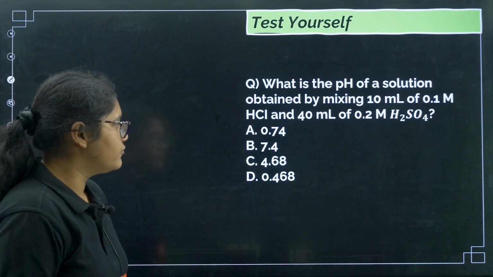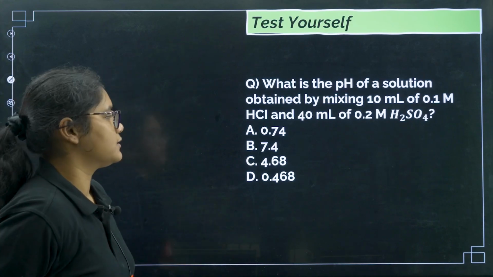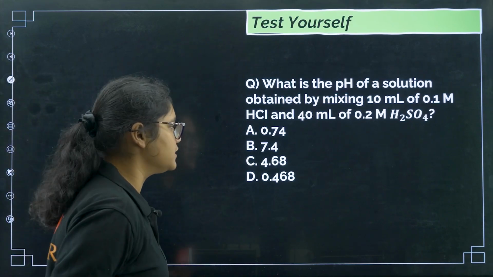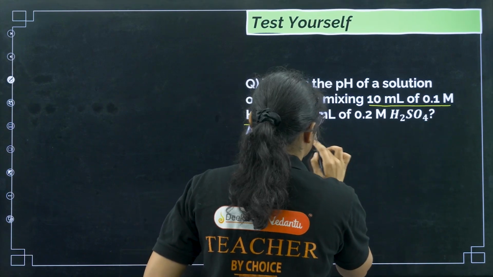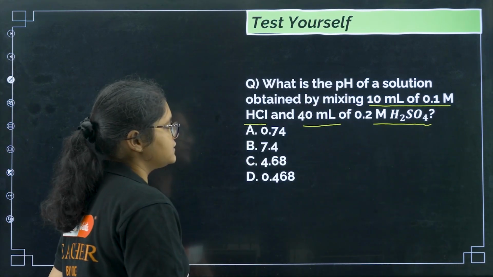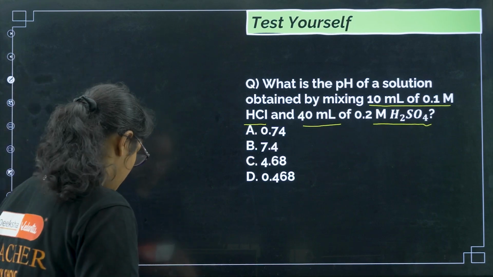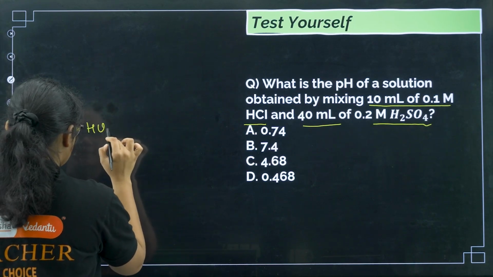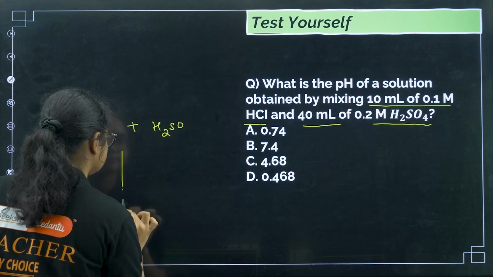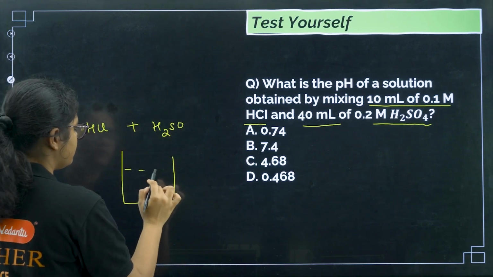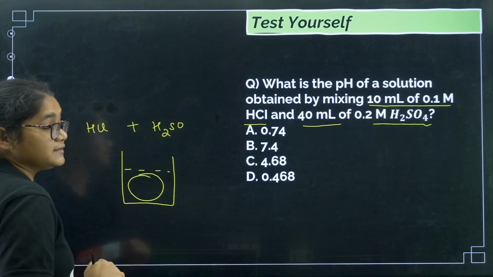Next, this is a homework question, but I'll be giving you a hint for it. What is the pH of a solution obtained by mixing 10 ml of 0.1 M HCl and 40 ml of 0.2 M H2SO4? So you are mixing HCl and H2SO4 in a container, and you need to calculate the pH of the resulting solution.